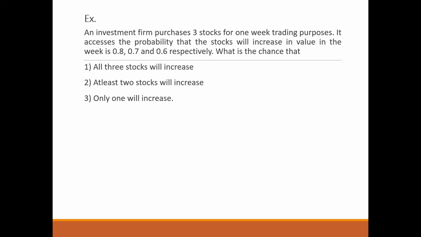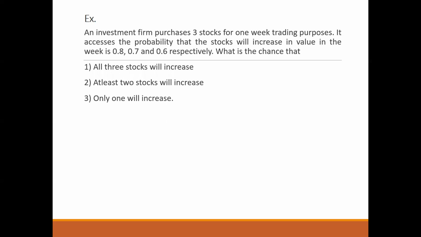Now, using the different functions which we have done till now, I would like you all to give a try here. We can take the stocks as A, B, and C as 3 different events. Let us see A as an event where the first stock is increasing, then B for the second stock, and C as the event that the third stock will increase.